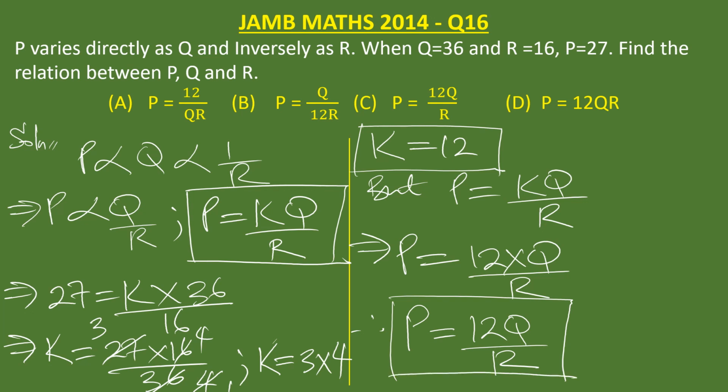Let's see. Good. So option C is our answer. So this equation is the relation between P, Q, and R.